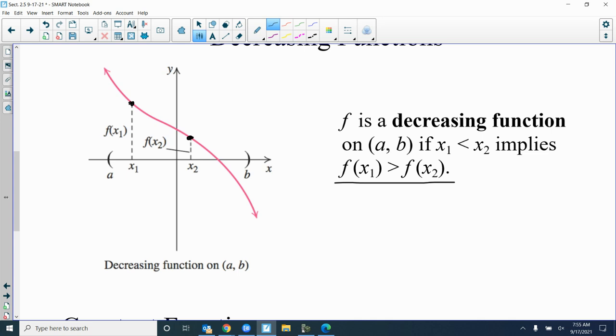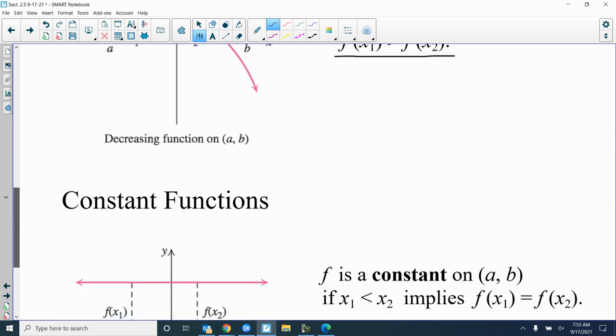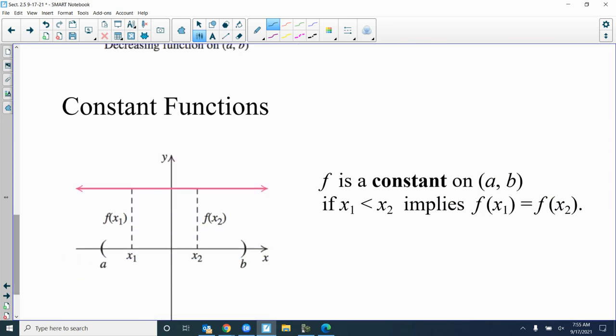So you're going to get a smaller number when you plug in that second value. So that'll be the case for a decreasing function. And a constant function is a horizontal line. If x1 is less than x2, then f of x1 is going to equal f of x2. It has to be the same. So increasing, decreasing, constant, can't have anything else.